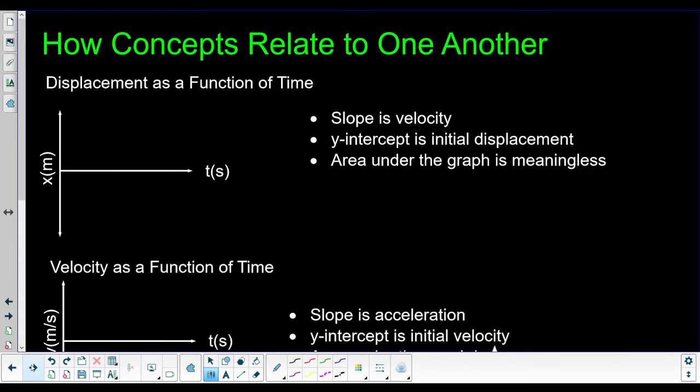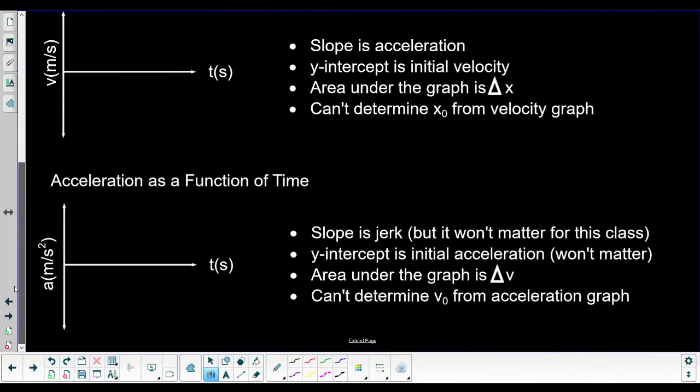Let's start by formalizing how everything relates to each other, writing down some explicit information so that we have it somewhere and it's been written down and you've seen it written and it's not just something that I've said out loud to you, so that you know what you should know, right? So we're going to run through all 3 graphs really quick.